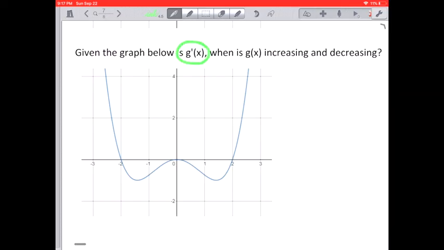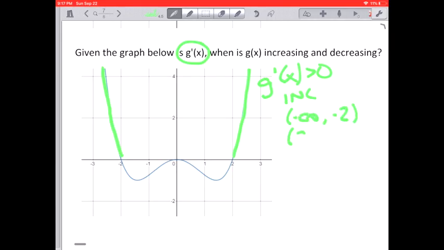So we focus more on where the function g prime of x is above the x-axis, which I've highlighted in green. Those are places where it is increasing. So it is increasing from -infinity to -2, and from 2 to infinity.